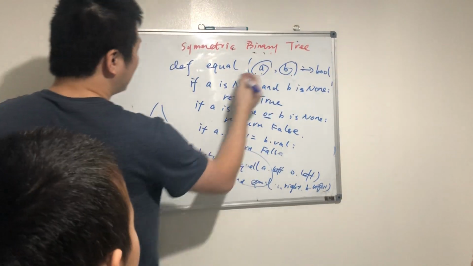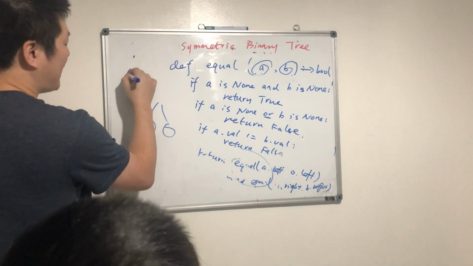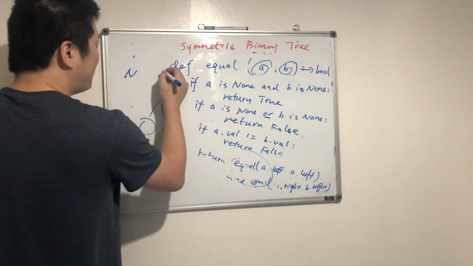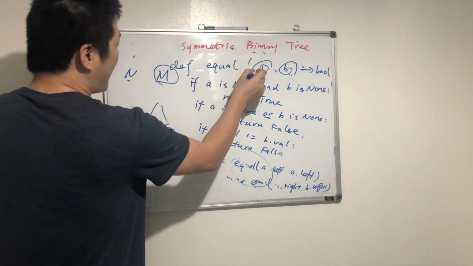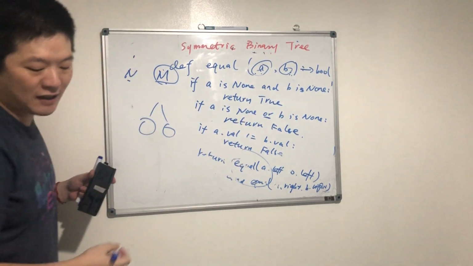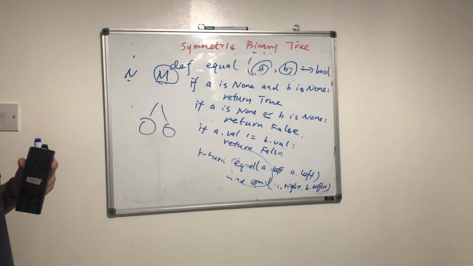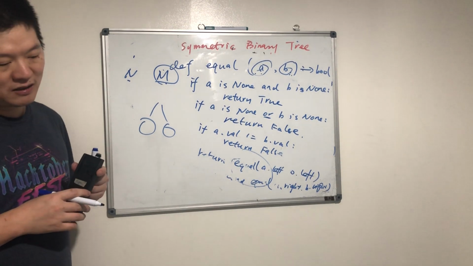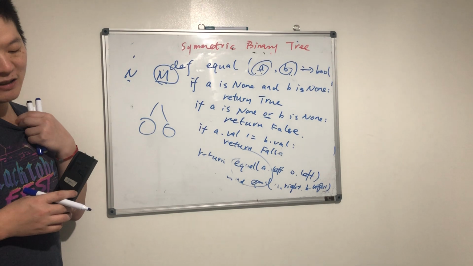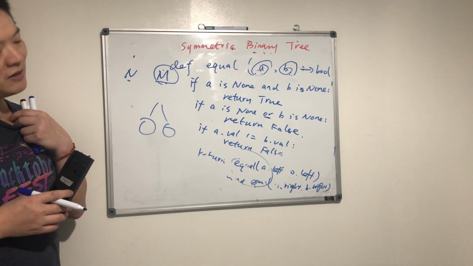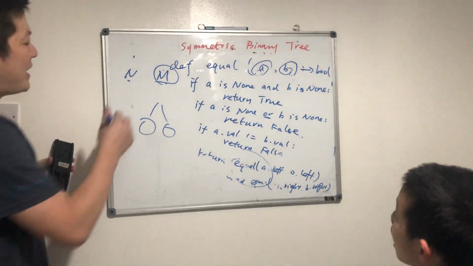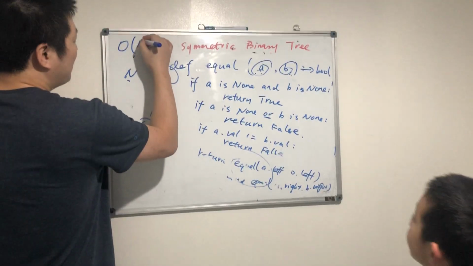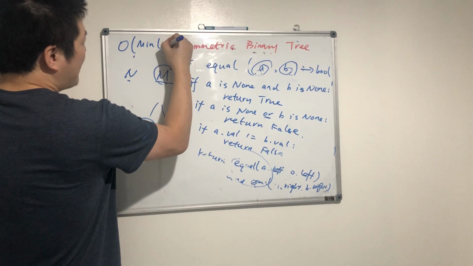This is A, this is B. If I tell you there are n nodes in A and m nodes in B, what's the complexity? It will be O of the minimum of n and m.